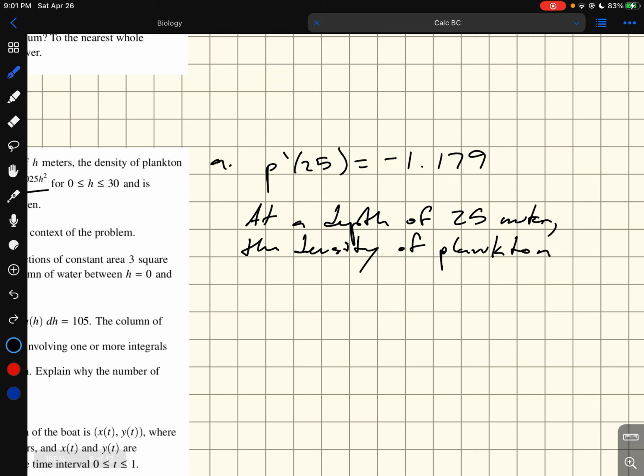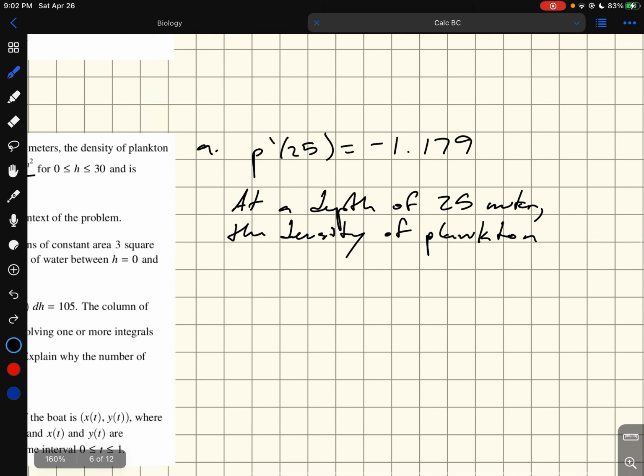I'm going to say decreasing because I think it sounds better, but if it's easier, just write changing at a rate of that. Honestly that is easier, since P prime is a rate of change, and you don't have to think about whether it's decreasing or whatever. But I'm going to write the density of plankton is decreasing at a rate of 1.179, and then our unit that we just figured out. So millions of cells.